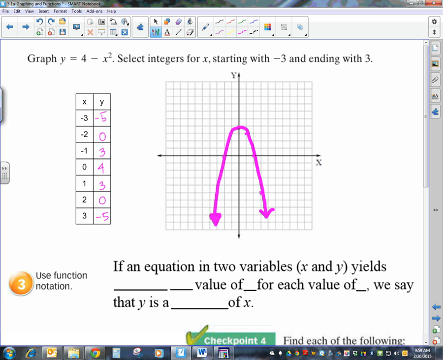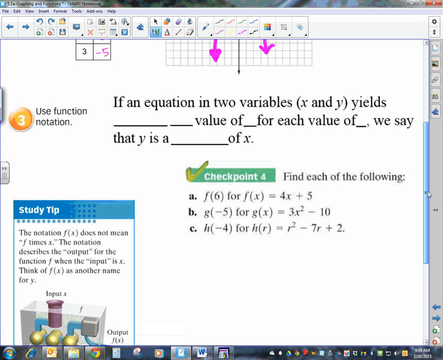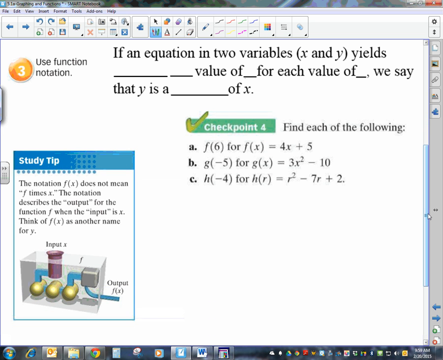Okay, so the next thing that you have to do, use function notation. We need to talk about that before we go on to the next part because we're just covering half of this section. So what you need to know is if an equation in two variables, generally x and y, yields, meaning gives out, exactly one value of y for each value of x, then we say that y is a function of x.